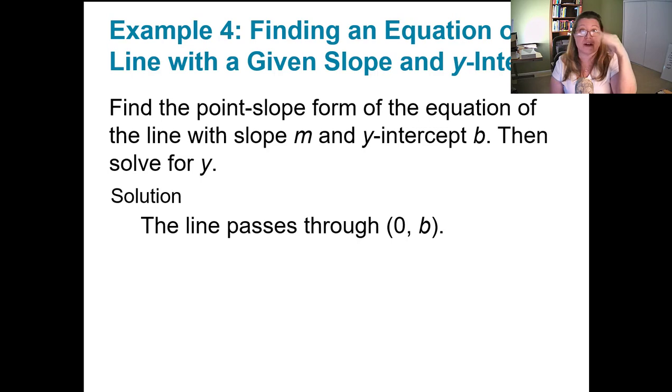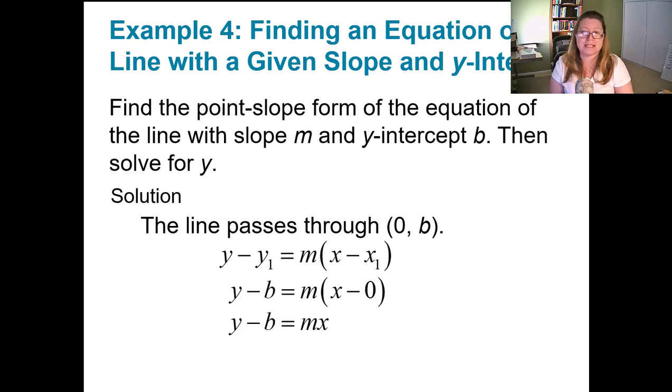It's just a generic location. I don't know if it's negative, I don't know if it's positive, it's just b. Now using our point-slope form, we are going to throw in 0 for x1, b for y1, and our slope is just a generic slope.